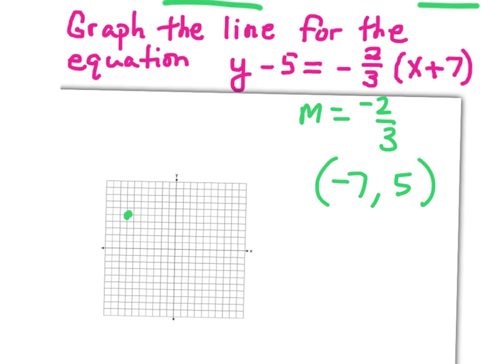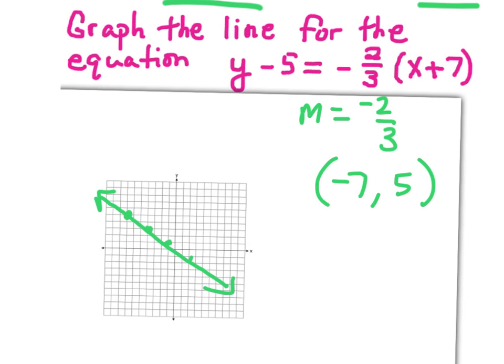Negative 7 plus 7 is 0. Right? That's the other thing, it'll make the equation equal 0. And then I go down 2, right 3 as many times as I want. Ta-da. And there's my line.